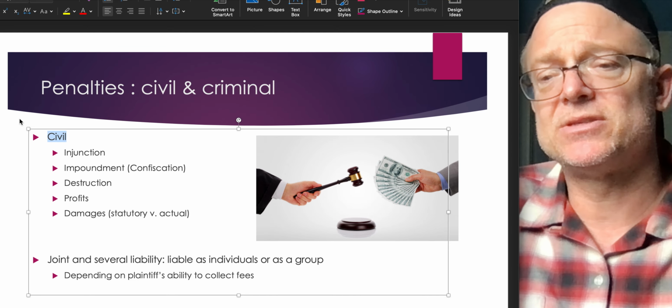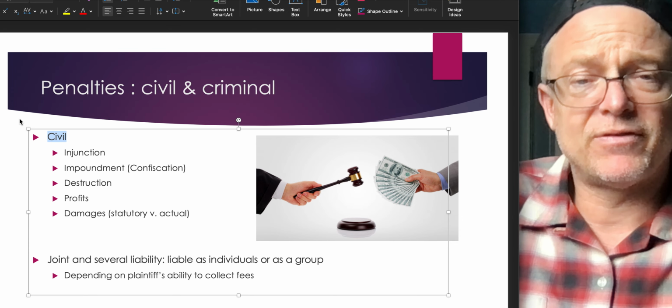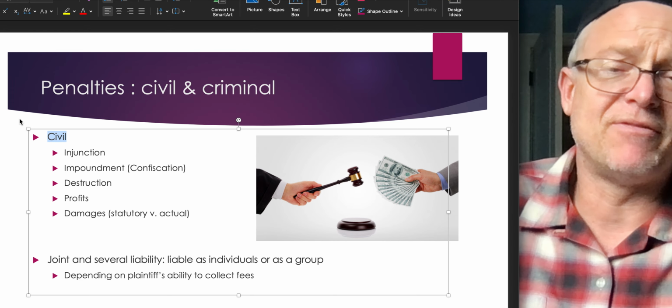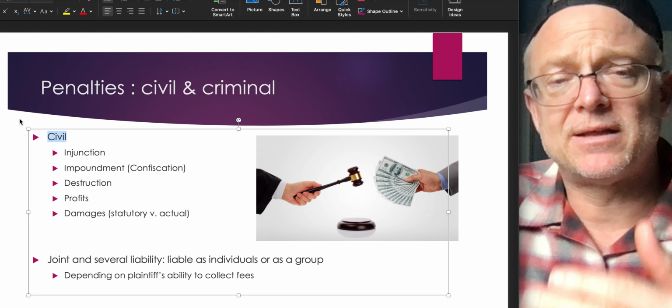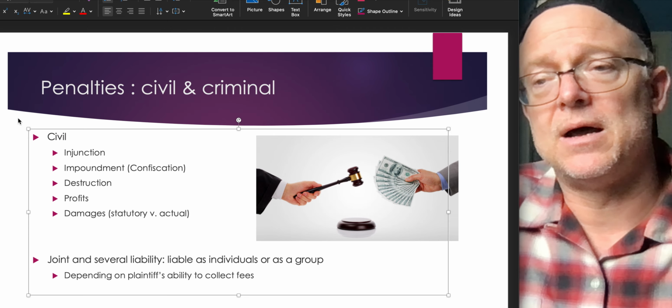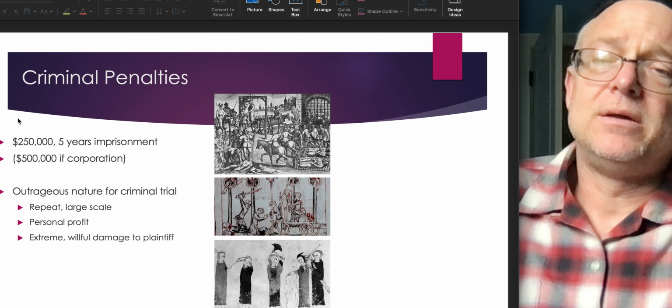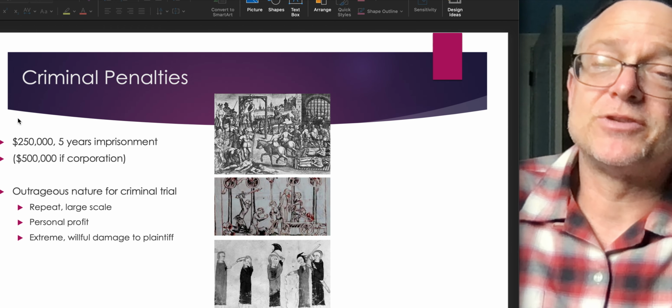So it really depends on the plaintiff's ability to seek remedy, right? For justice to be found, right? So they need to collect the fees to repair the damage of the actual problem, the infringement itself.